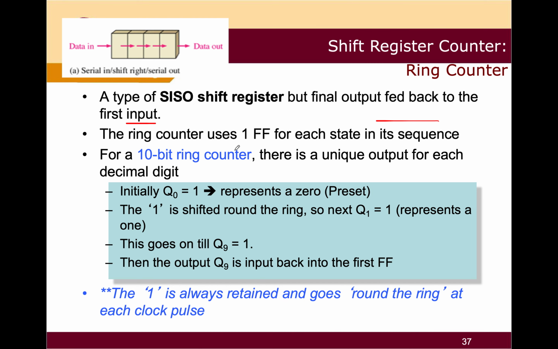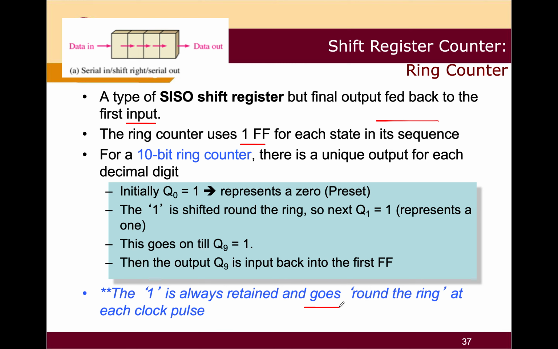The ring counter uses one flip-flop for each state in its sequence. So if you have a 10-bit ring counter, there is a unique output for each decimal digit. The one always goes round the ring at each clock pulse.